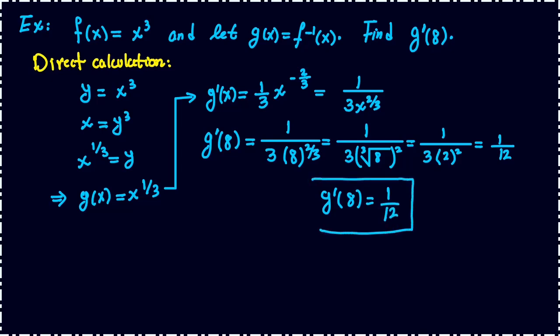So this is given that you can, in fact, find the inverse function. Let's try to use the formula that we have derived earlier. So the formula said that g prime of 8, a, here is 8, is 1 over f prime of g of 8.